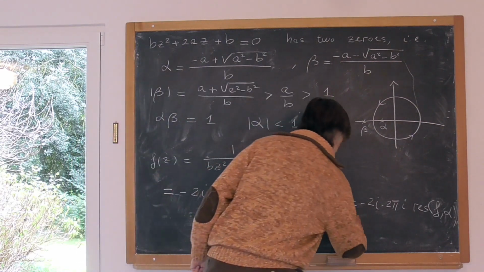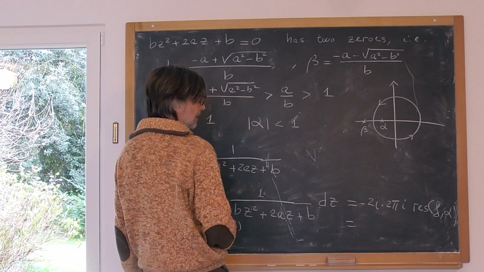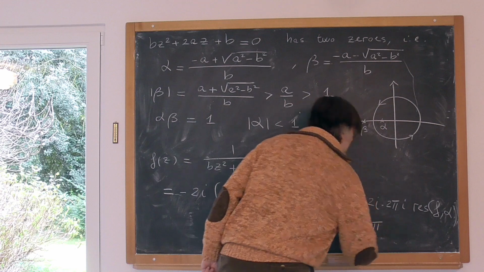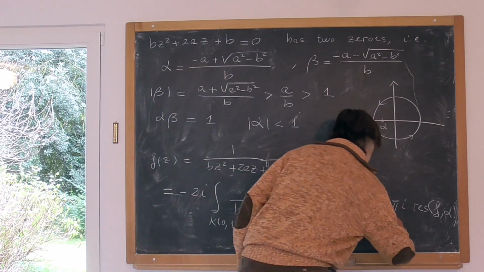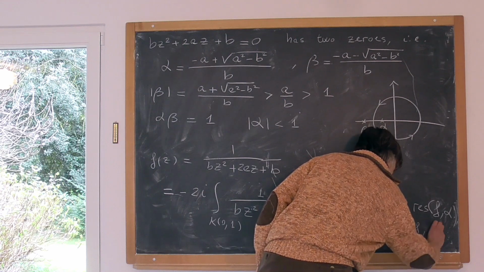And so this we can also write as i times i is minus 1, with this minus becomes a plus. So we have a 4π times the residue of the function f at alpha.